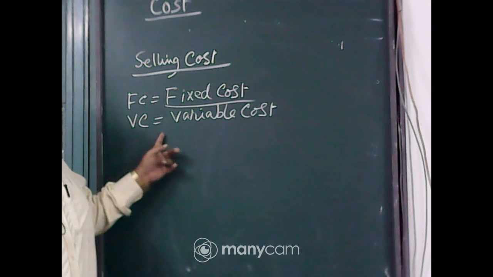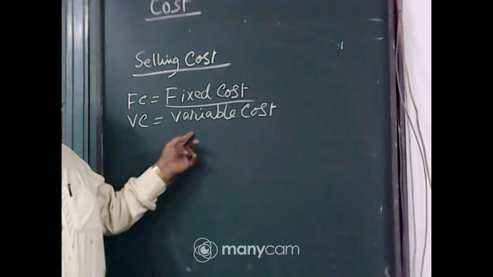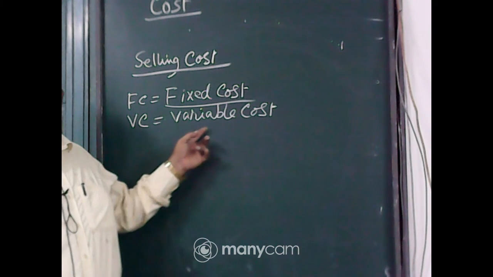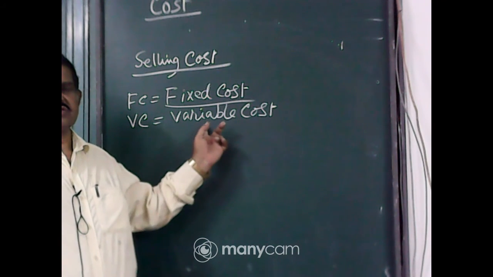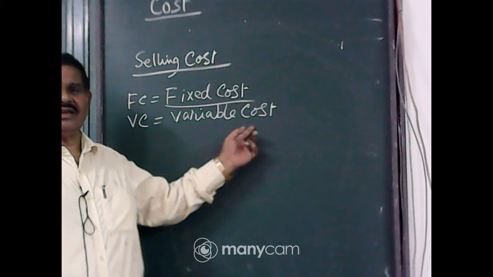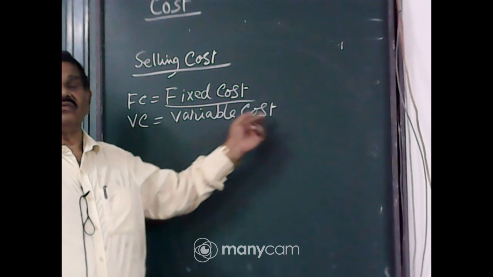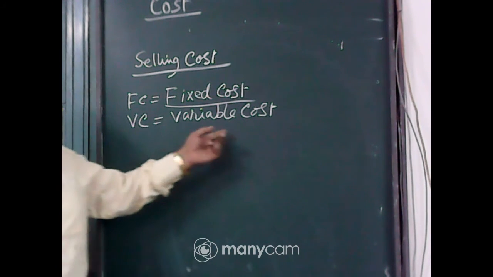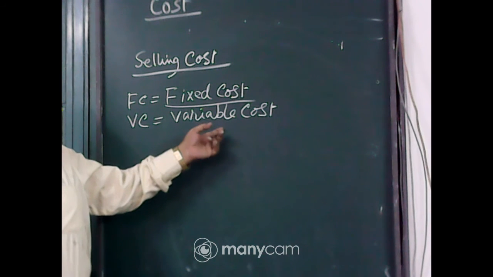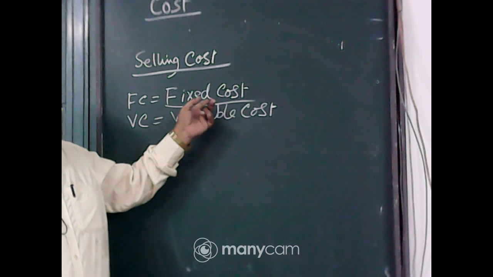But the variable cost, the cost which can vary even in the short period, and the cost which is measured for the variable factors of production is called variable cost. The cost incurred by the producer for the variable factors of production is called variable cost. Therefore, it can be increased or decreased at a point of time, but fixed cost cannot be increased at a point of time.